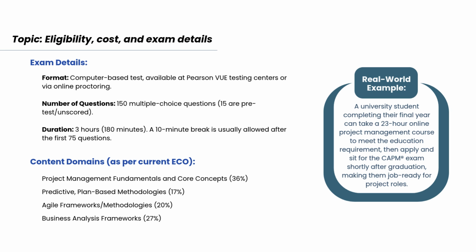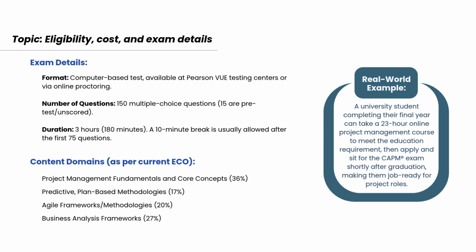Out of these, 15 questions are unscored, as they are pre-test questions used for exam development. Duration. You will have 3 hours, 180 minutes, to complete the exam. A 10-minute break is usually allowed after answering the first 75 questions.